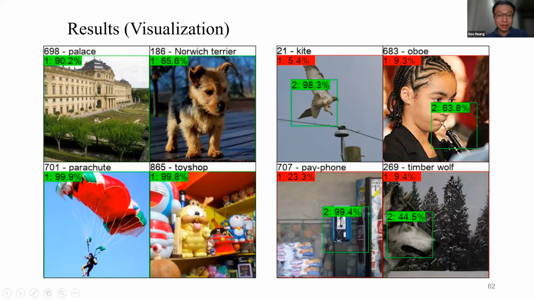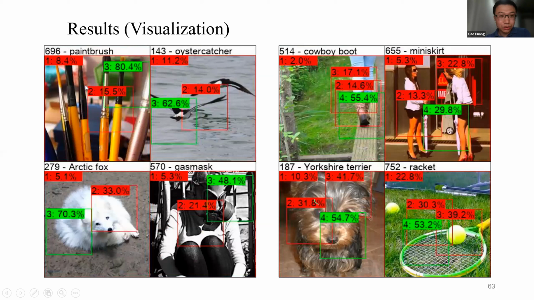We can directly obtain the correct prediction from the downsampled image. The images on the right are relatively harder. They need to extract one local patch, and the images shown on this side need to extract 2 local patches or 3 local patches.